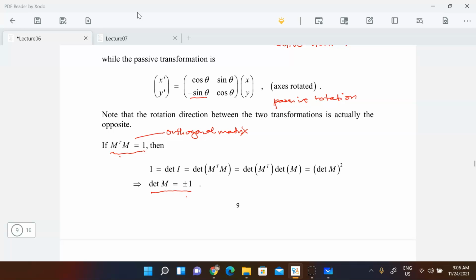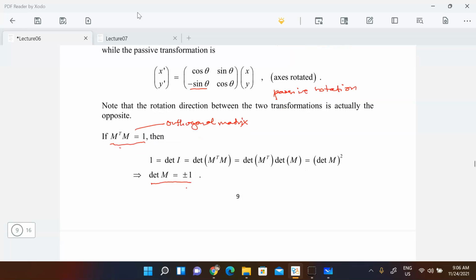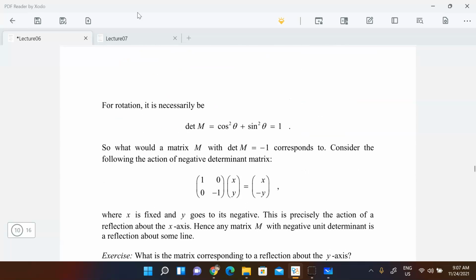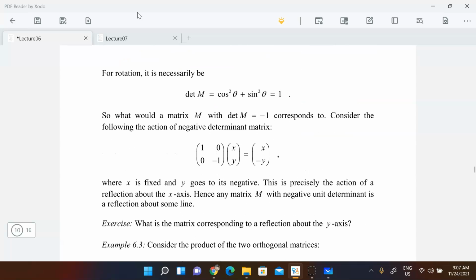Of course, you have actually seen that if you take the determinant of this 2 by 2 matrix, here a passive rotation, you get cos squared plus sine squared, which equals +1. So in other words, you can identify the rotation matrices with the matrices that have determinant equal to +1.